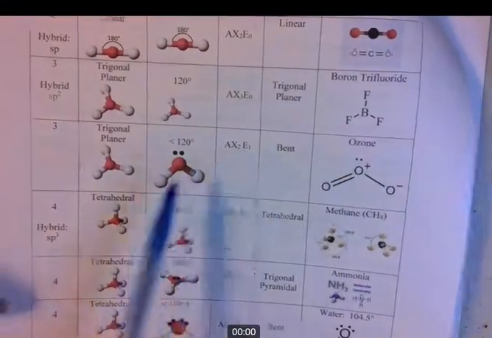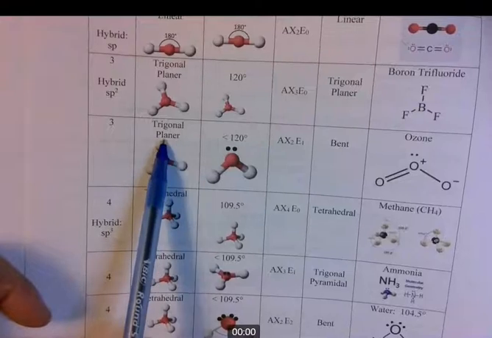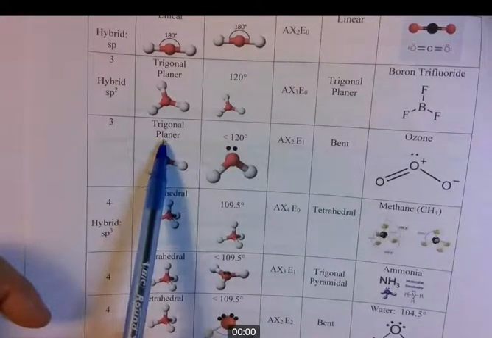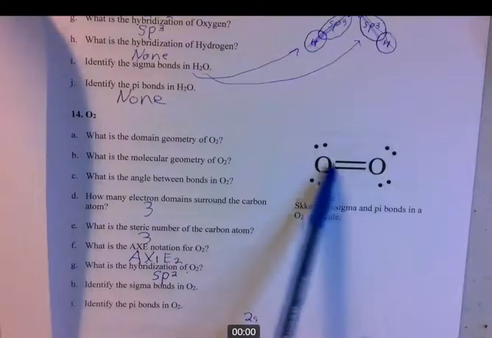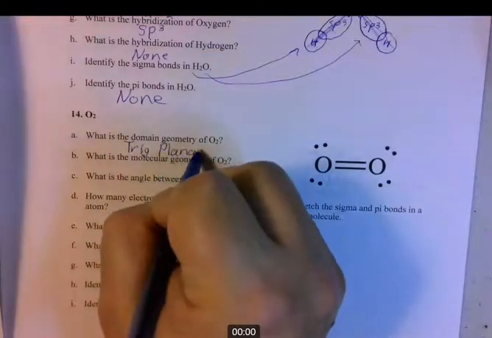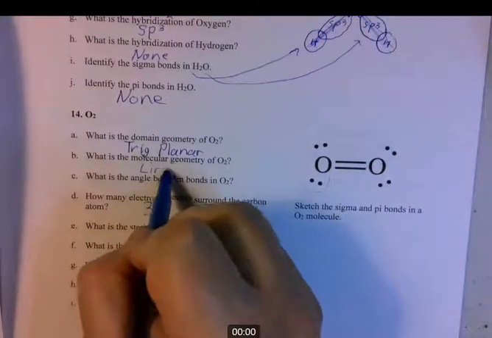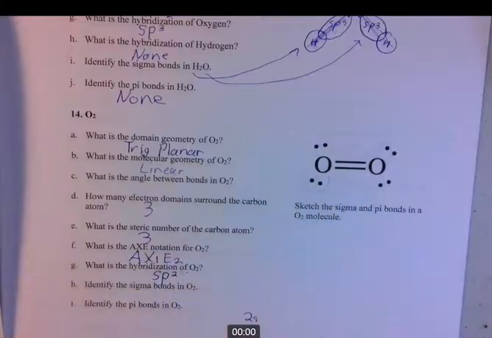So even though you don't see an AX1E2, it is a trigonal planar electron domain. But it is going to be linear because you can only form a straight line with 2 atoms. So I'm going to put trigonal planar for the domain, but what that tells us is the molecular geometry is linear.